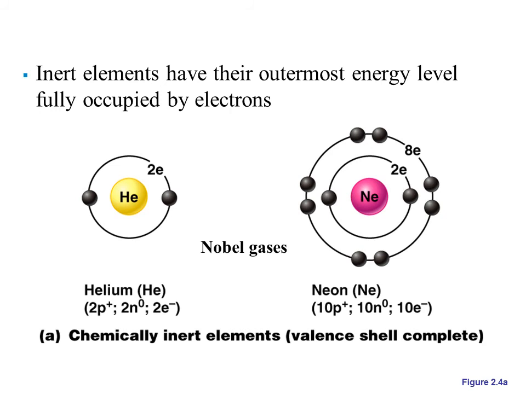Inert elements have their outermost energy level fully occupied by electrons. These inert elements are to the far right of the periodic chart. We call them noble gases. We have 2 examples in this image: helium versus neon.